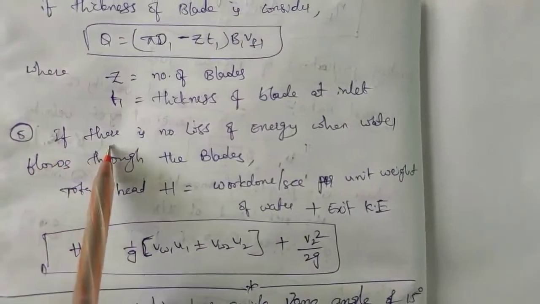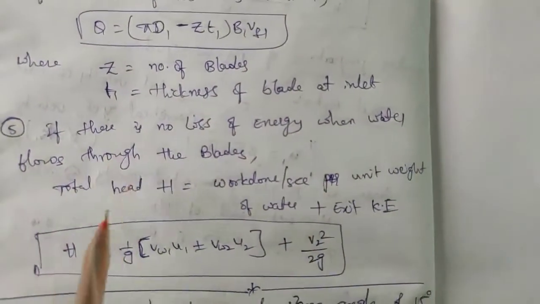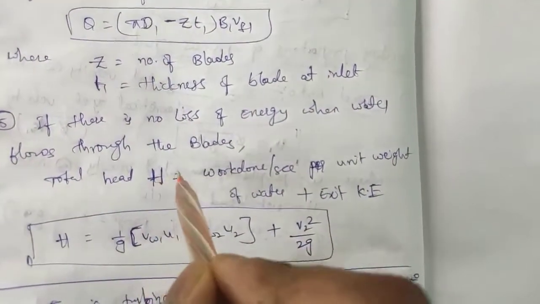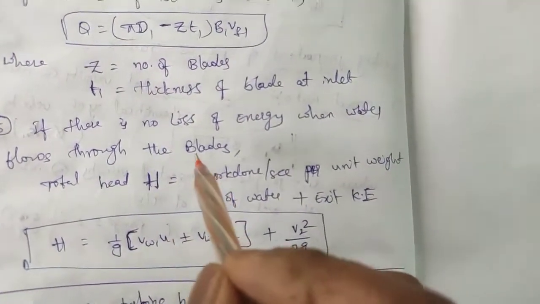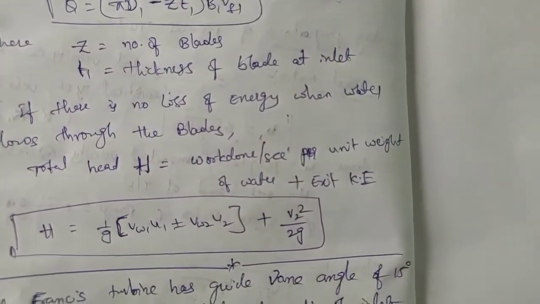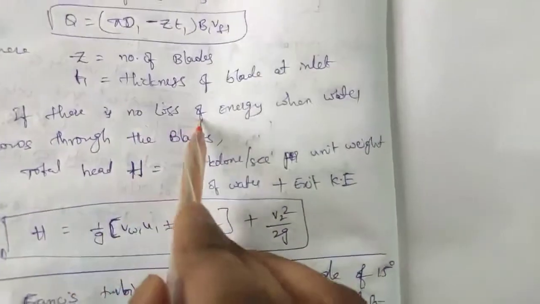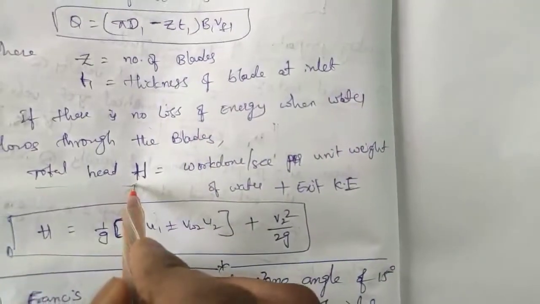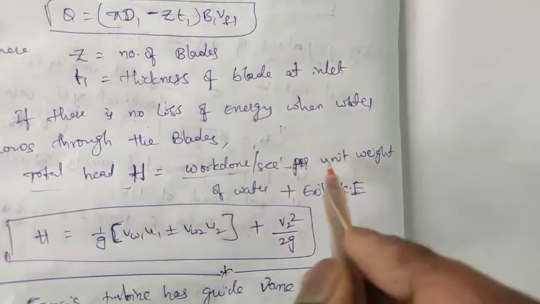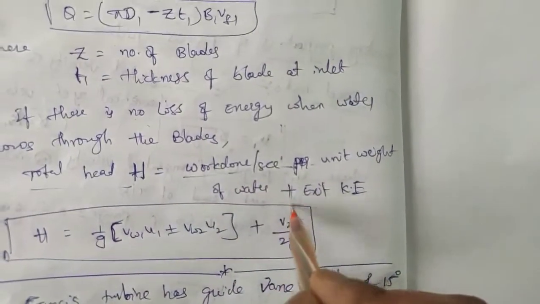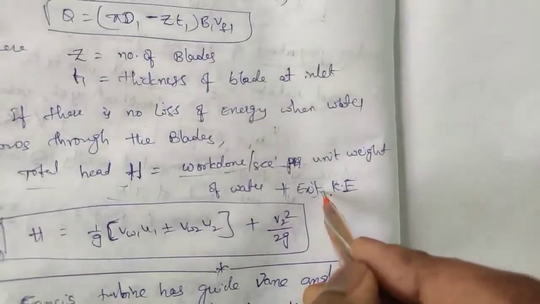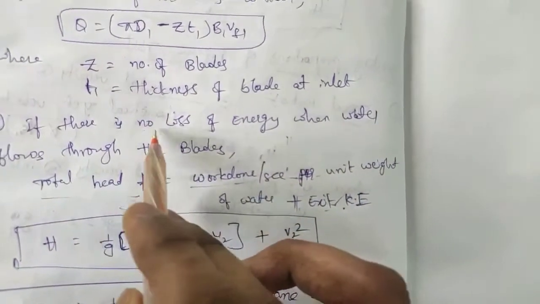Next, if there is no loss of energy when water flows through the blades, although practically there is a loss of energy in producing the power from the turbine. But if you consider no loss of energy, the total head must equal the work done per unit weight of water plus exit kinetic energy. This is the expression if the condition is no loss of energy.